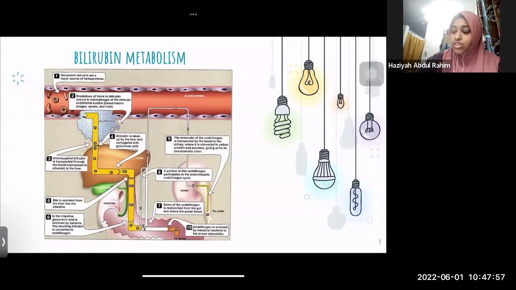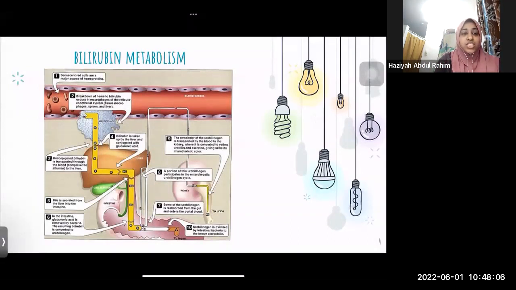However, 20% of this urobilinogen will be taken into the bloodstream again as enterohepatic circulation, and some of it will reach the kidney and be converted into urobilin and excreted into the urine.